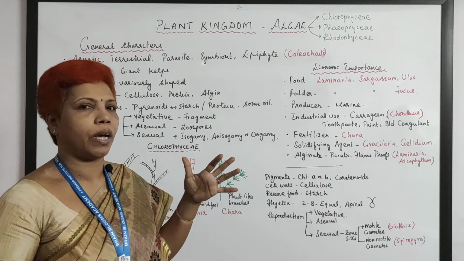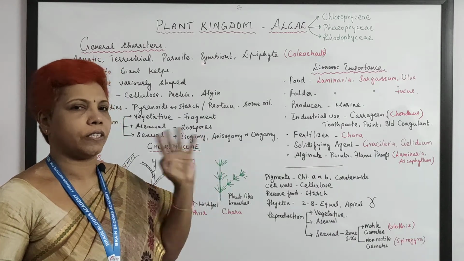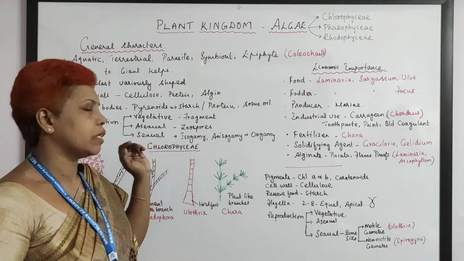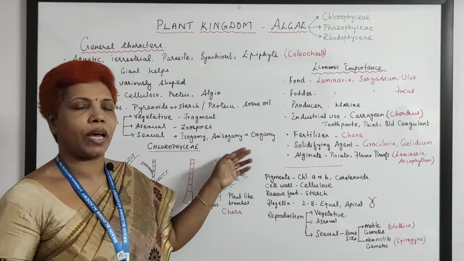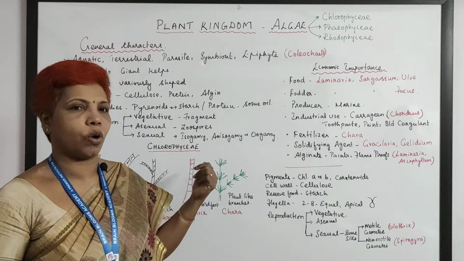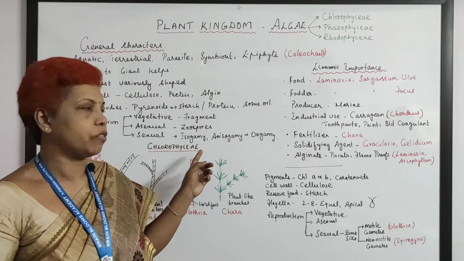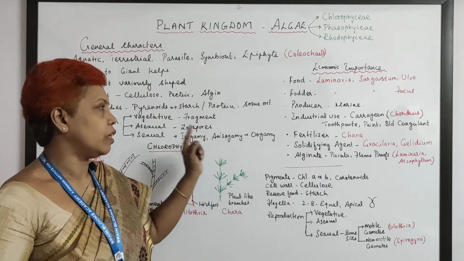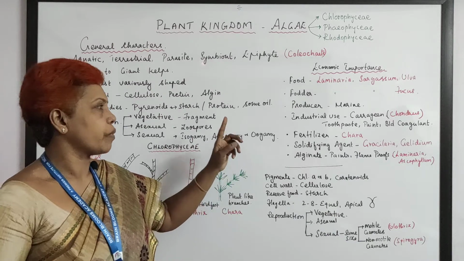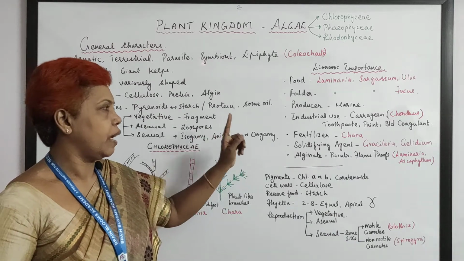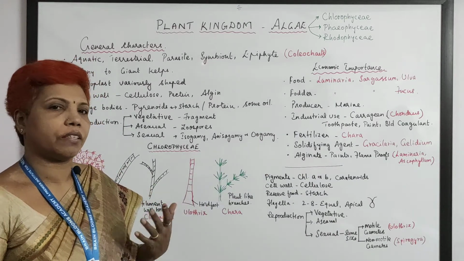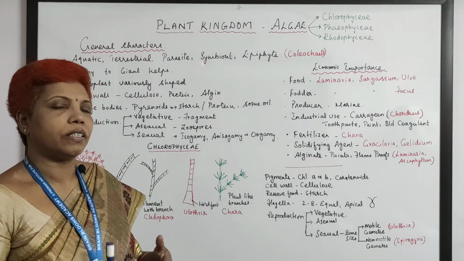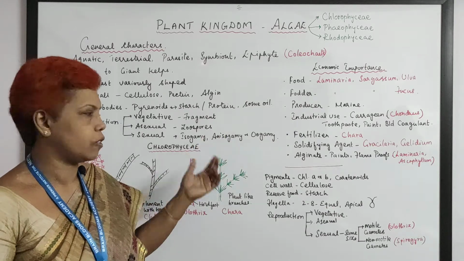They are motile, and with flagella they just go. Sexual reproduction is isogamous, anisogamous, and oogamous. This we discussed already: morphologically and physiologically similar, only morphologically similar, morphologically varied. And in oogamy, both morphology and physiology are different.